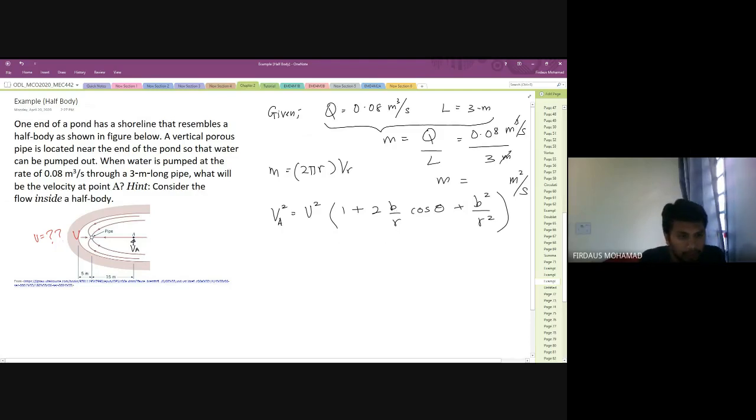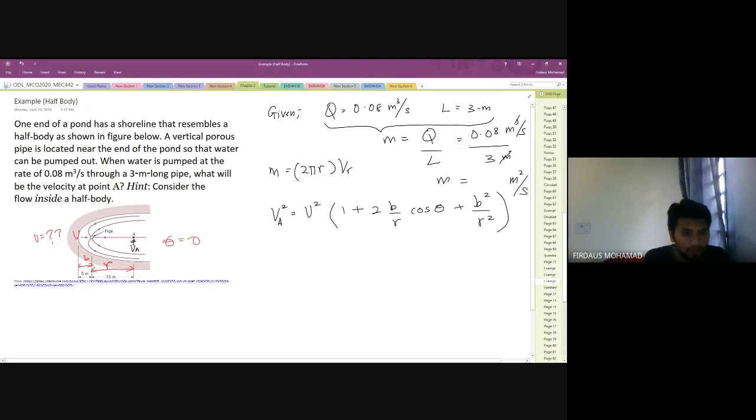So b basically is the distance from the source to the stagnation point, and r is the radius for A from the source. So b, r, and then cos theta. What is theta for this case? Theta at point A equal to 0.